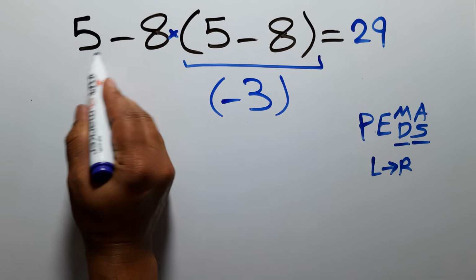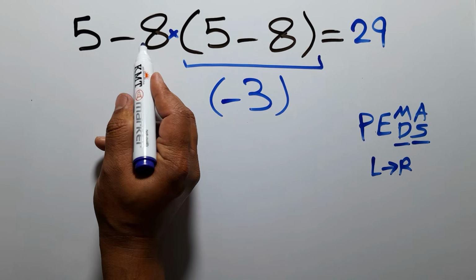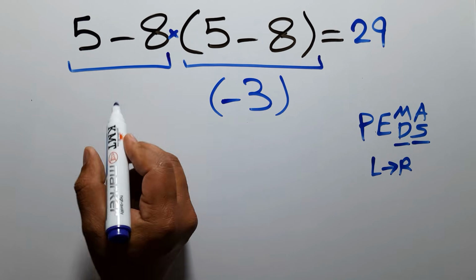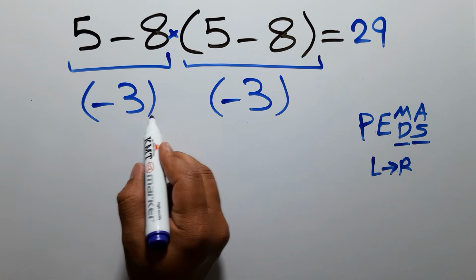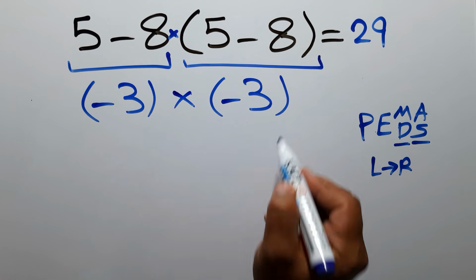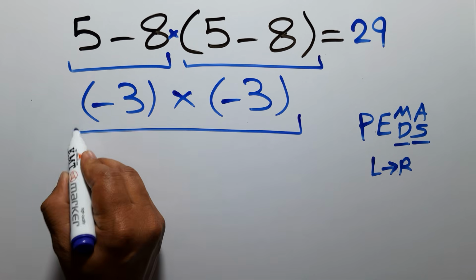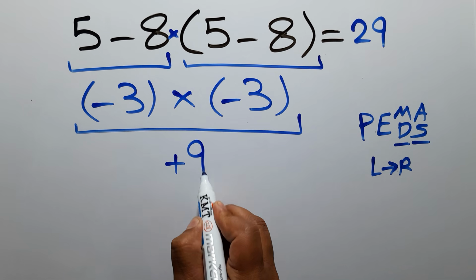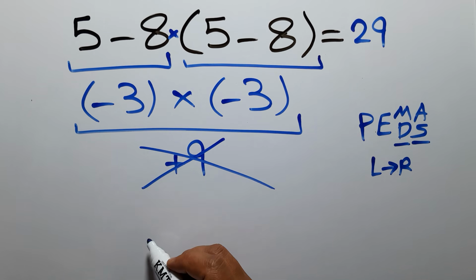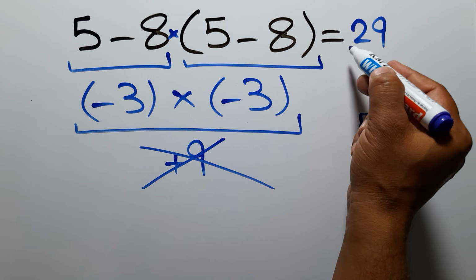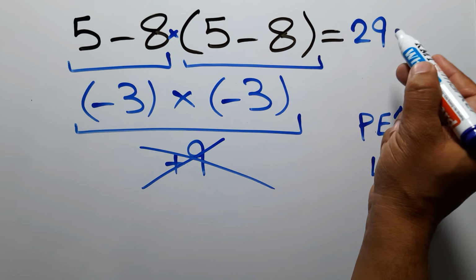And then this subtraction, 5 minus 8, gives us again negative 3. So we have negative 3 times negative 3, which equals positive 9. But this answer is not correct. And the correct answer is just 29.